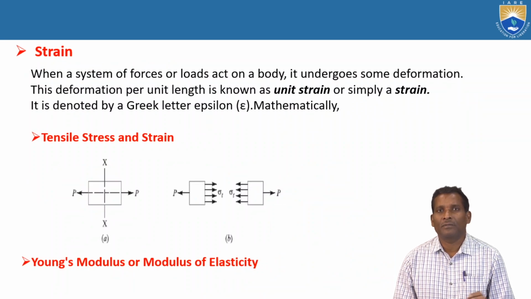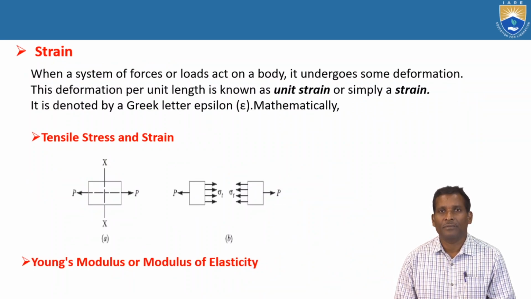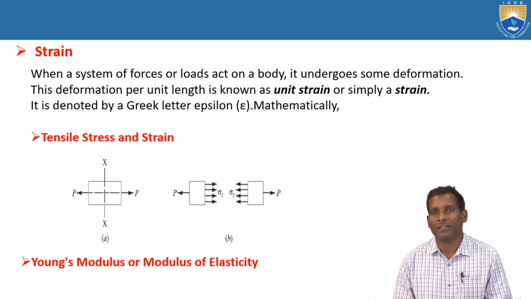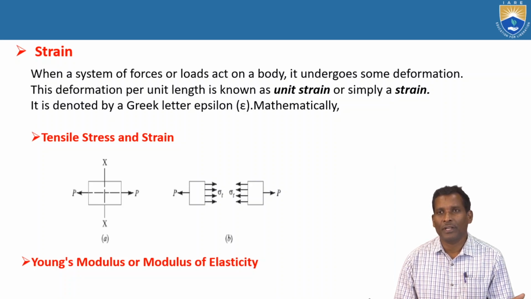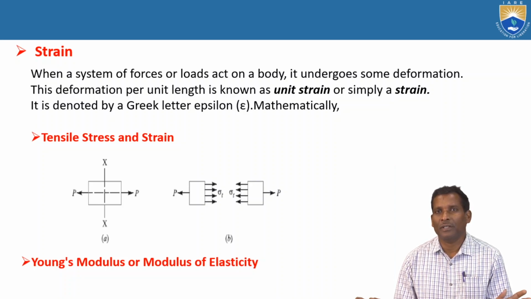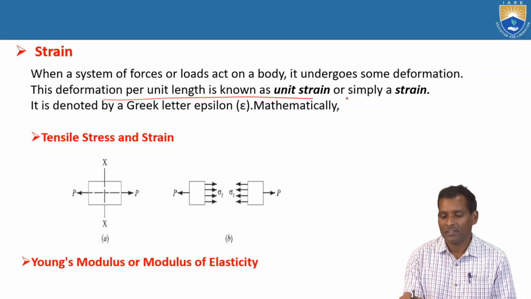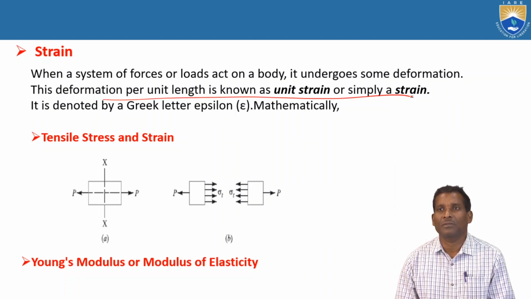Next, strain. What do you mean by strain? When a system of forces or loads acts on a body, it undergoes some deformation. Whenever load is acting on a body, some deformation will occur. This deformation may be lengthwise or diameter-wise. This deformation per unit length is known as unit strain or simply strain.